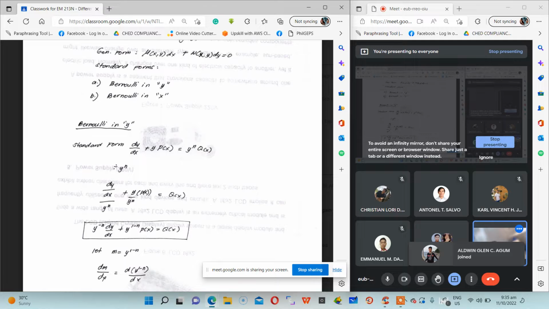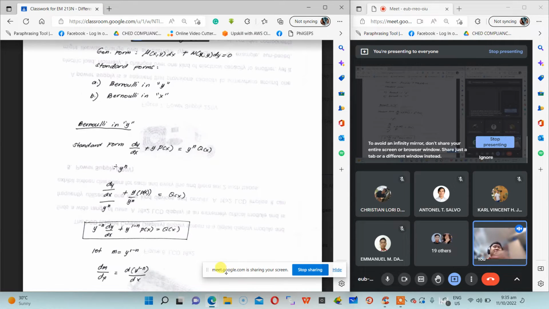If the problem could be solved with linear or exact, it could be. It could be solved by exact and variable separable, and linear too, if you could find some ways to make it variable separable.